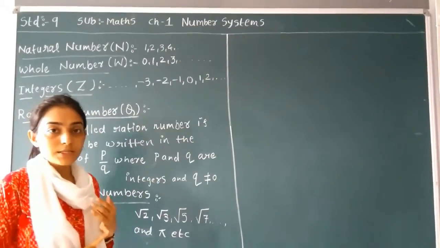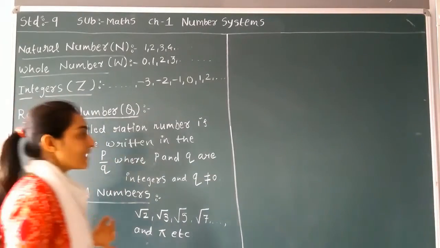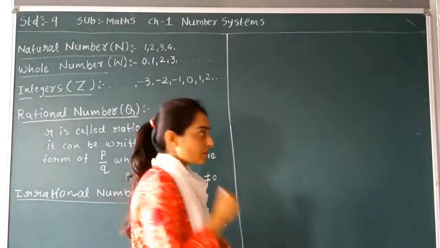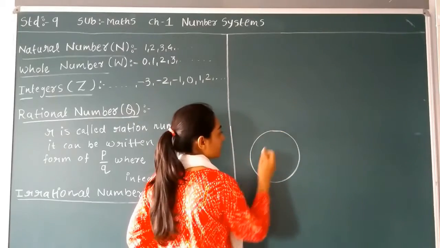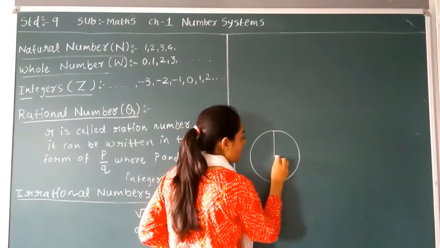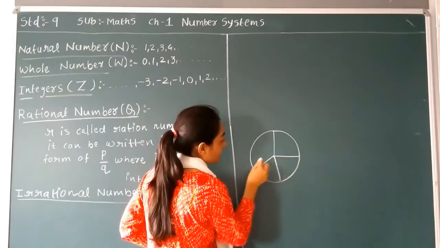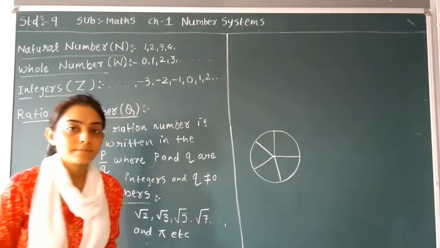So the next one is rational numbers. When you go to Domino's, you order a pizza. My pizza is of 5 slices.